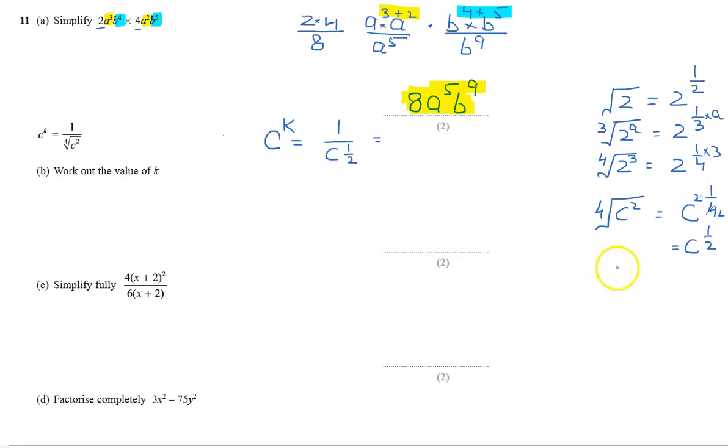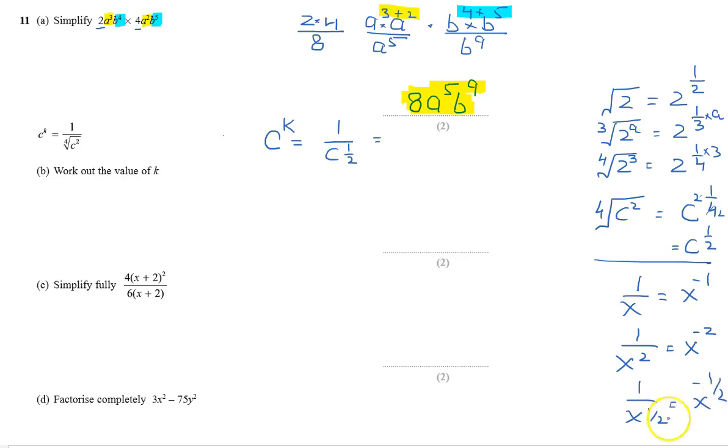And we know that 1 over x is equal to x to the power minus 1. 1 over x squared is equal to x to the power minus 2. Remember, the power will remain the same, only the sign will be negative. 1 over x to the power half will be x to the power minus half. The sign will change, the power will remain the same.